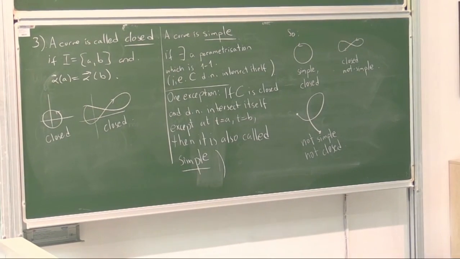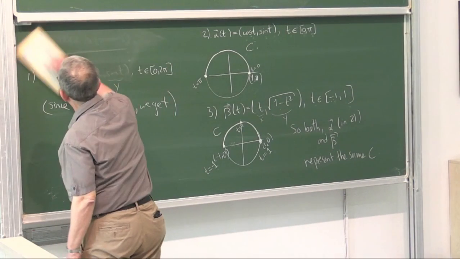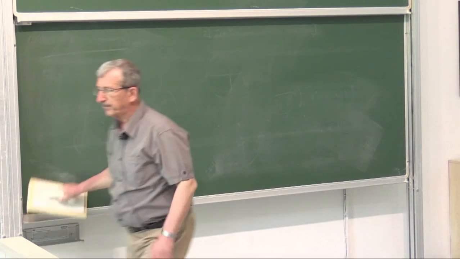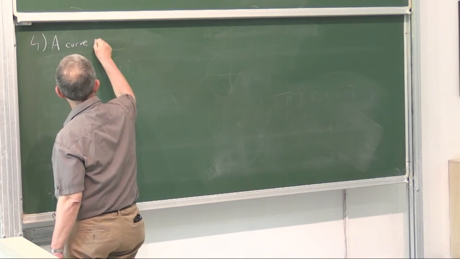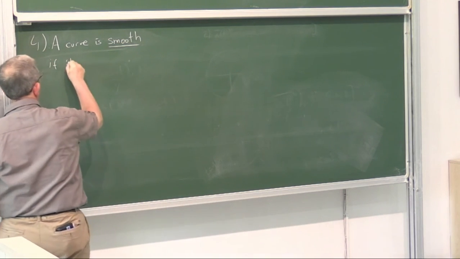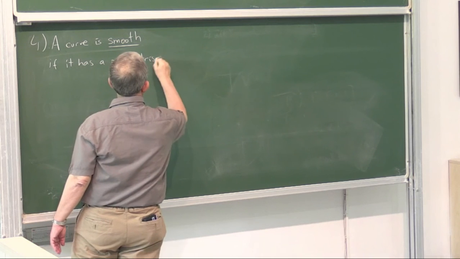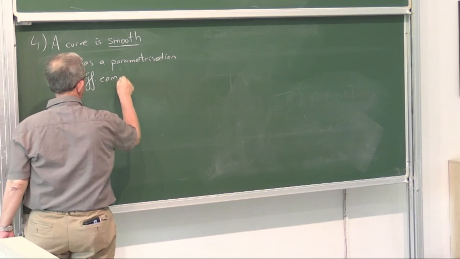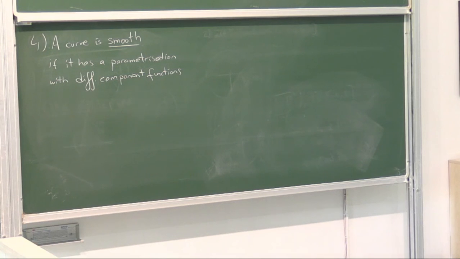The last definition in this video: a curve is smooth if it has a parametrization with differentiable component functions.